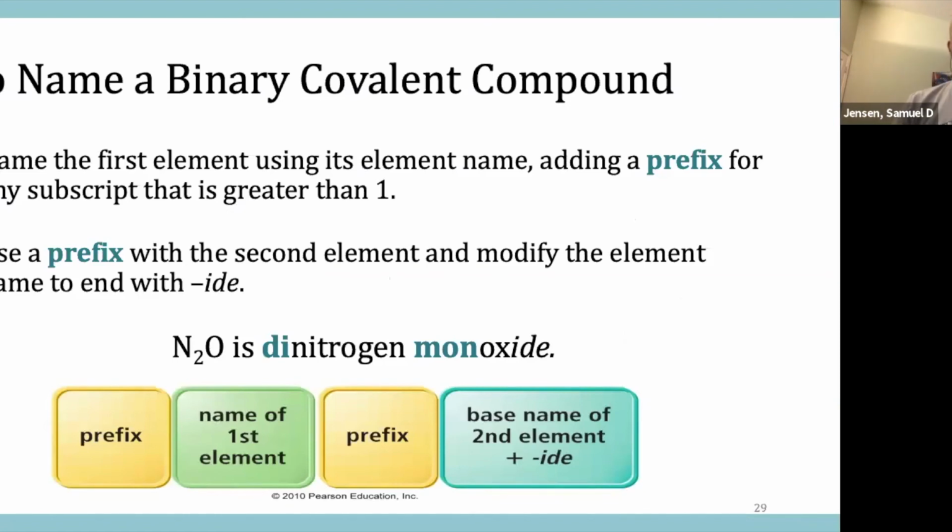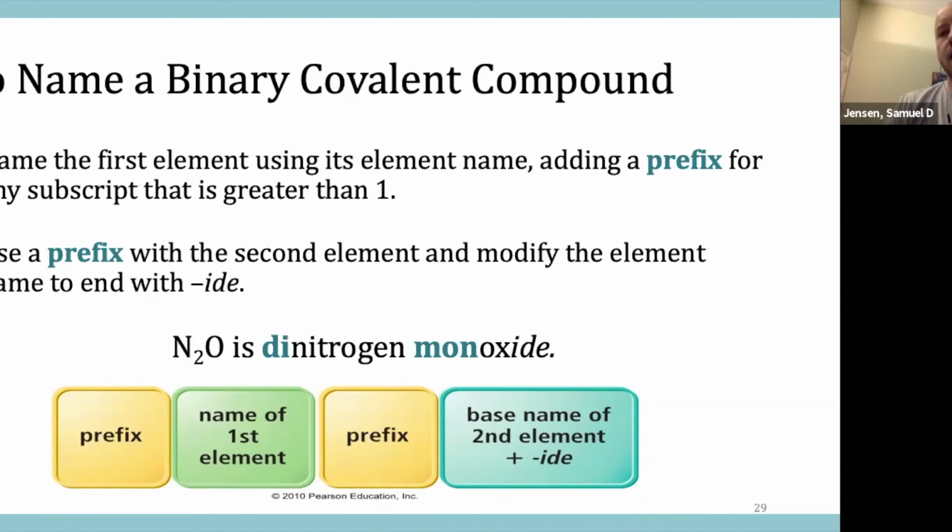Okay, covalent compounds are nonmetals paired with nonmetals. All right, so again, the first element keeps its name. Okay, nitrogen doesn't change. The second element still has an IDE ending. Oxide, okay, chloride, fluoride, bromide.